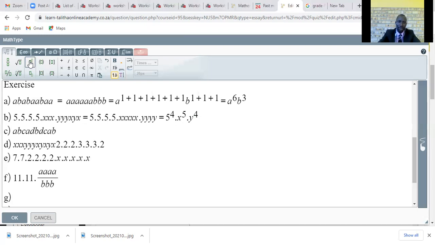Now, the next question is C. First step is to group. We want to see what letters are there. We start with A, 1, 2, 3. There are 3 A's. Then how many B's are there? 1, 2, 3.